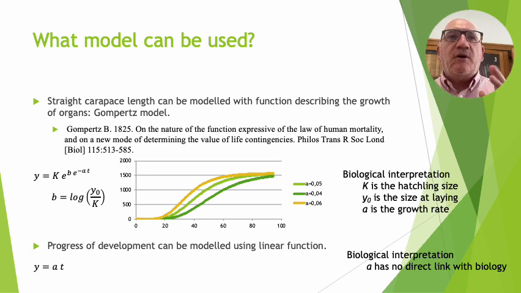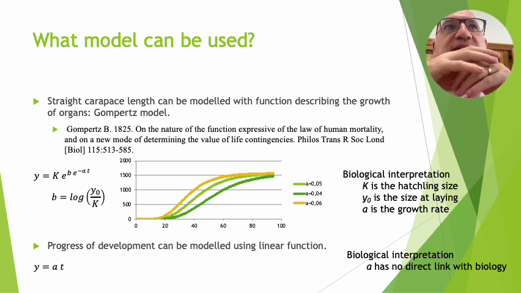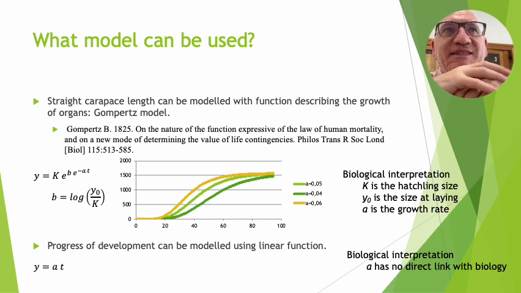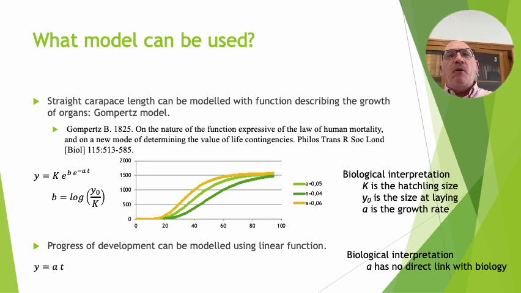So first, what model can be used? The straight carapace length, SCL, can be modeled with a function describing the growth of organs. The Gompertz model is a typical model to describe the growth of an organ or the growth of a tumor, for example. In this model, the equation is shown at the left. It is not the most important.